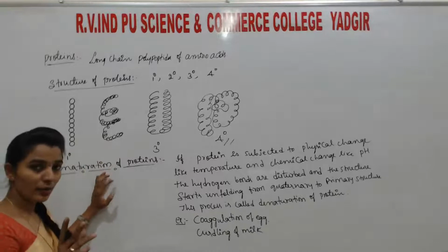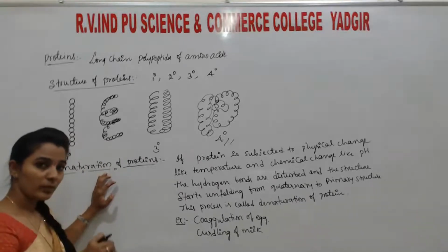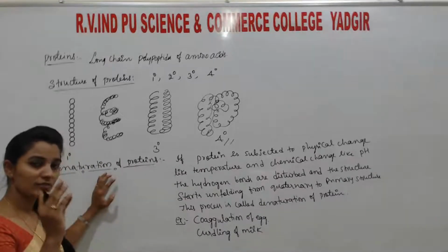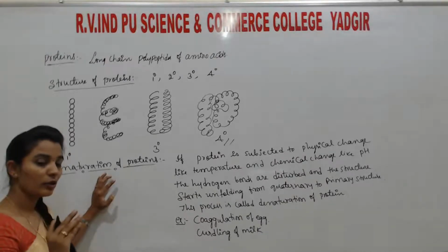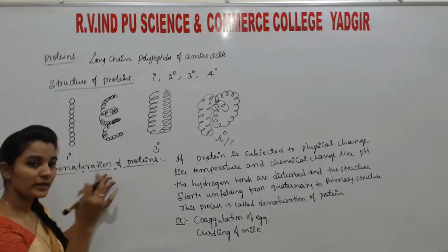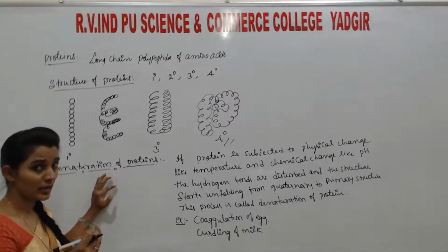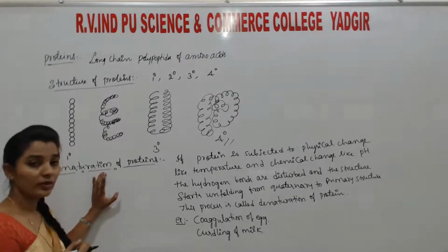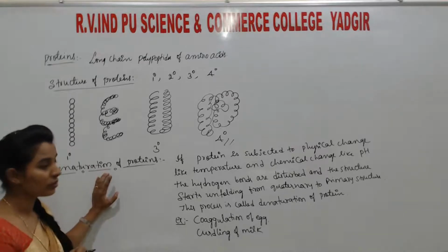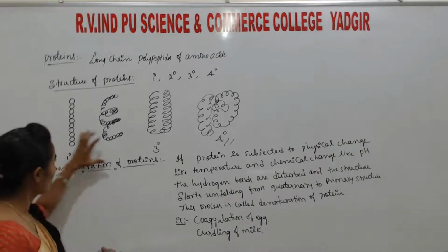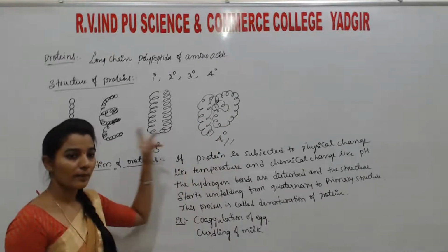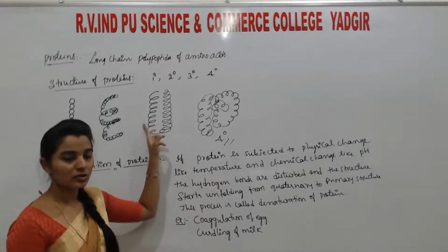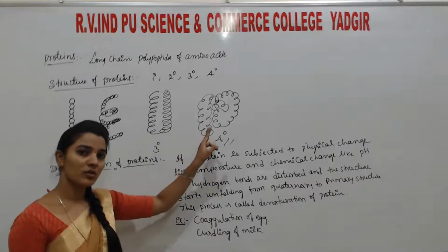So this is all about what? Proteins. The important thing here is what? What are proteins? Types of proteins, that is fibrous and globular. Fibrous are water insoluble, globular are water soluble. Example for fibrous is keratin and myosin. Example for globular is albumin and insulin. And this is the structure: primary, secondary, tertiary, quaternary. When they get folded, primary changes to secondary, secondary to tertiary, tertiary to quaternary.